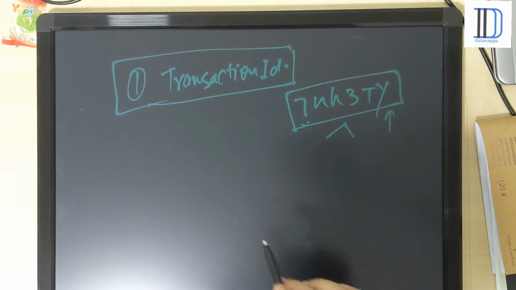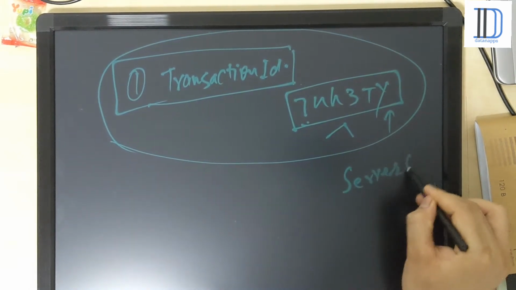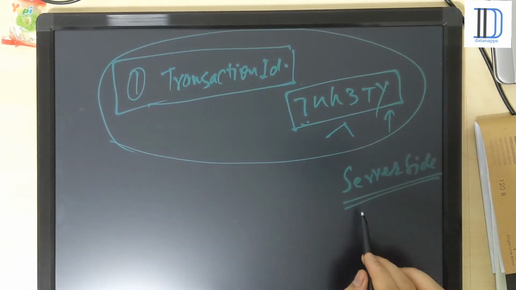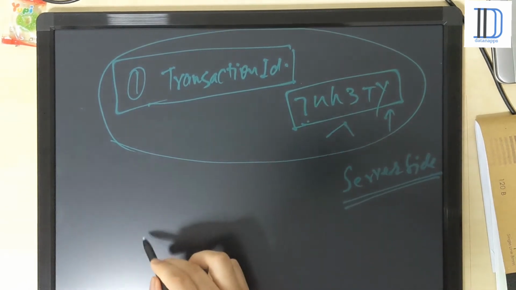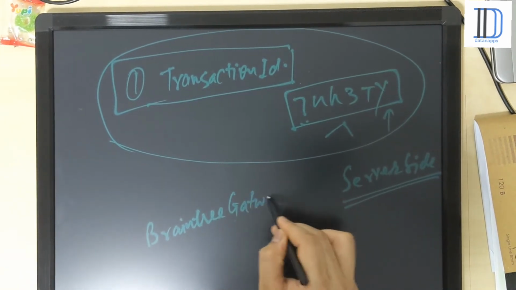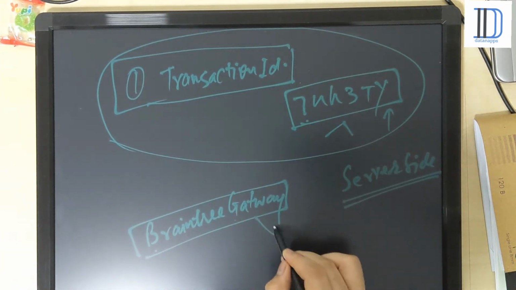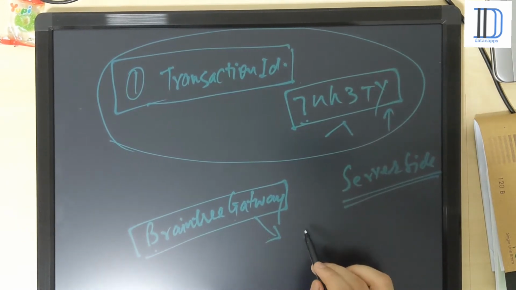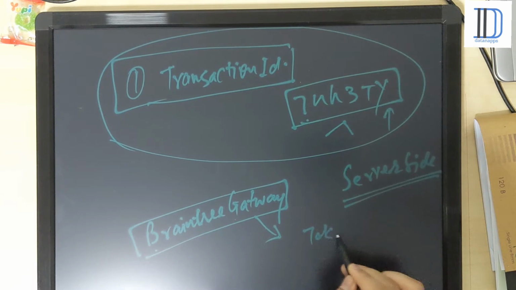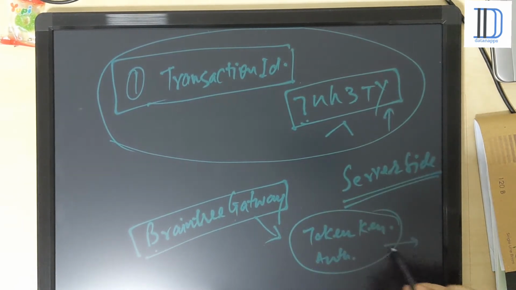And after that, of course, all this process will be handled by the server side, because we need the Braintree gateway, and this Braintree gateway you will get from the server side with the help of some token key and the auth key, and all of it you will get from your developer account in the Braintree dashboard.